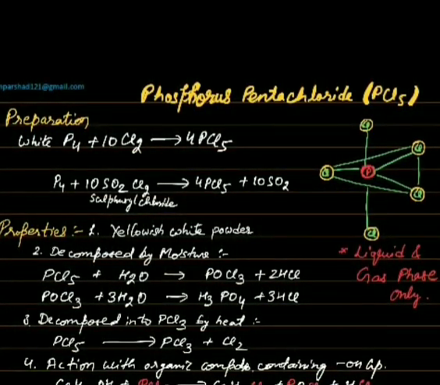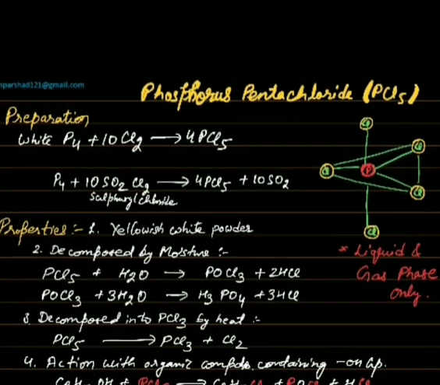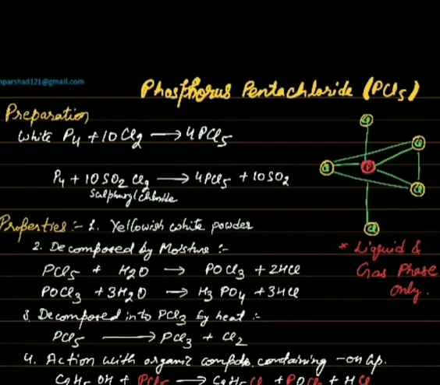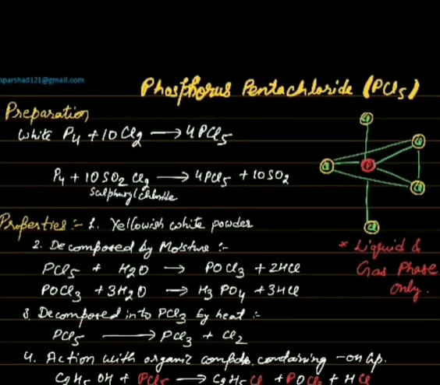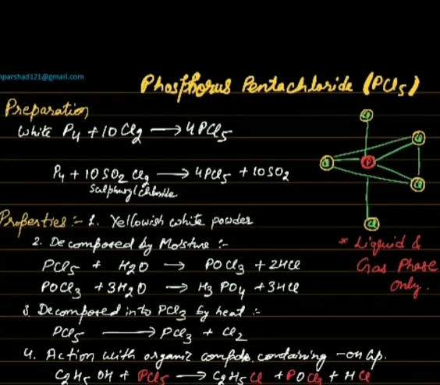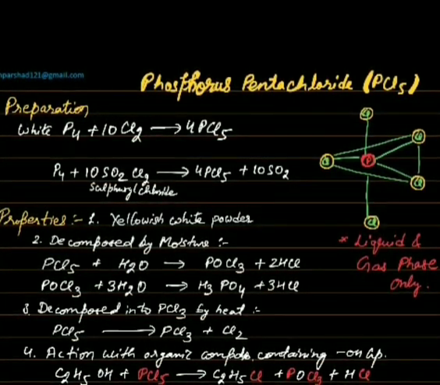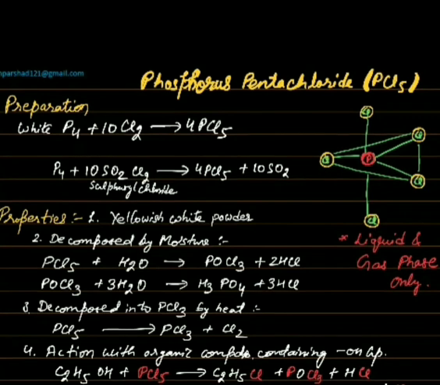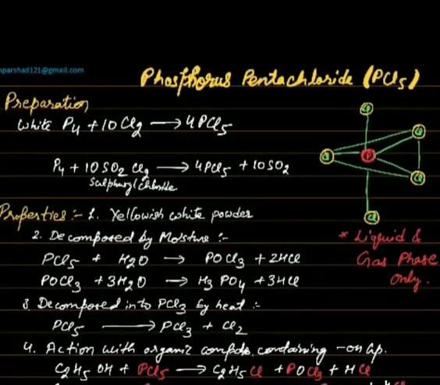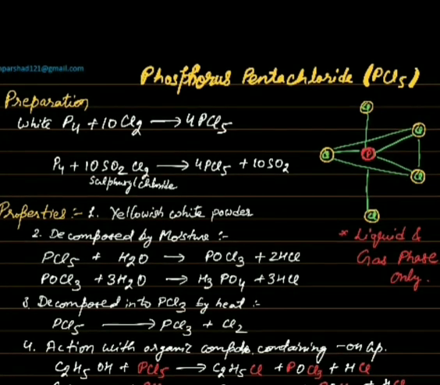The second method of preparation of phosphorus pentachloride is when white phosphorus is reacted with sulfuryl chloride. There is formation of phosphorus pentachloride along with the formation of sulfur dioxide, as you can see from the balanced chemical reactions given here.